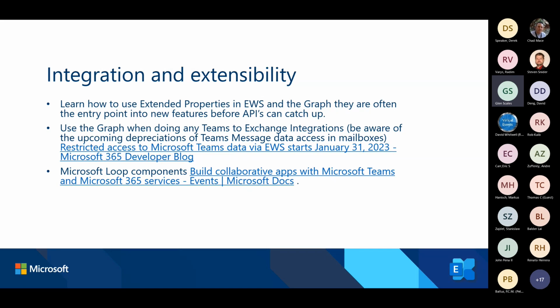But with EWS and Graph, you can always get access to those underlying properties, especially for new things. The roaming signatures are probably a good example. There are no APIs or methods you can use to get access to that information via conventional methods, but you could use extended properties to access things like signature information until the APIs catch up.